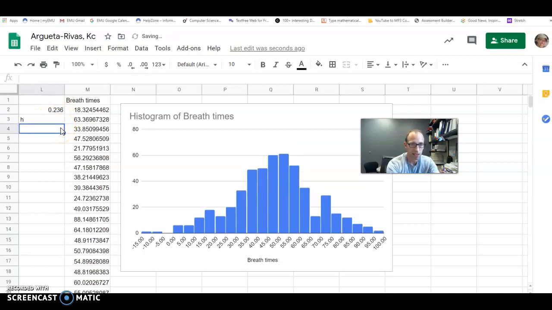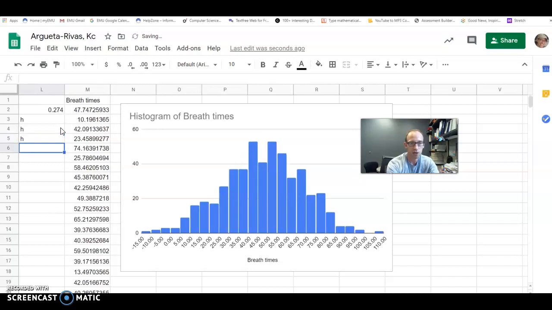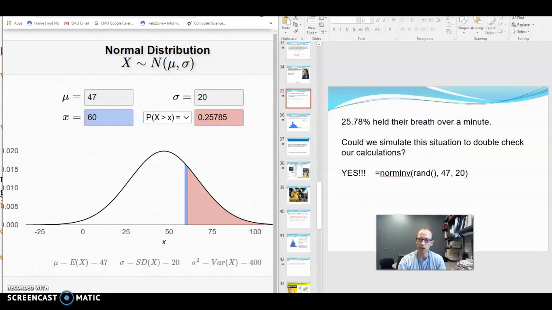If I press something again, 23.6, 26.2, 27.4, I'm really hovering around that 25% mark. A couple are a little bit lower, a couple are a little bit higher. But those simulations are how these numbers are derived also. They just do a lot more than 500 simulations.